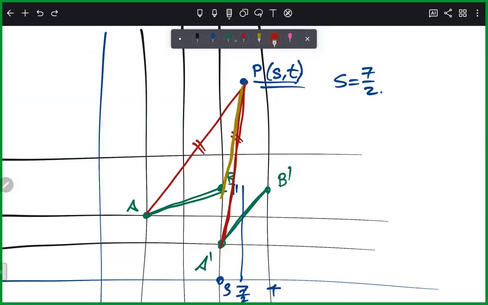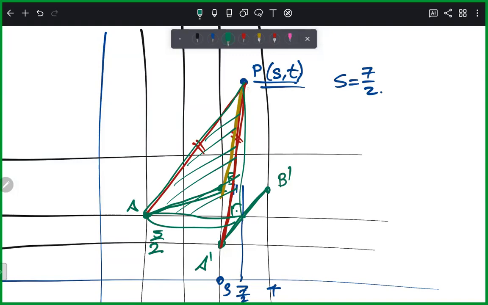Right, this is good enough. So let's use the Pythagorean theorem using this right triangle here. This length is 5/2, and this length is t minus 2. So (5/2) squared plus (t minus 2) squared equals PA squared.